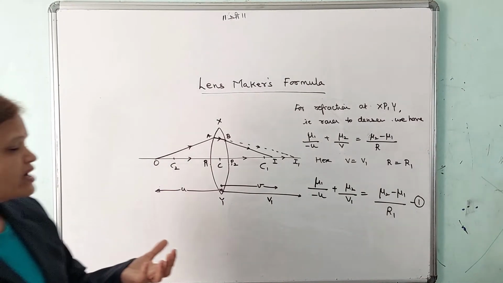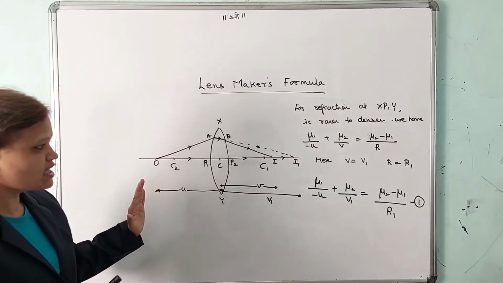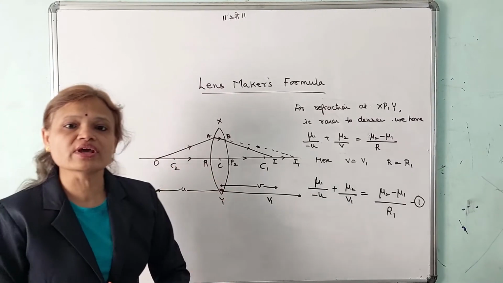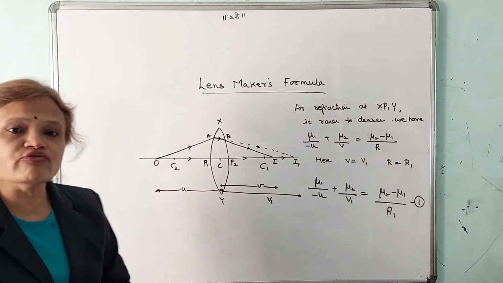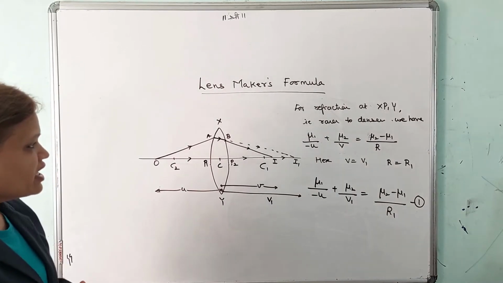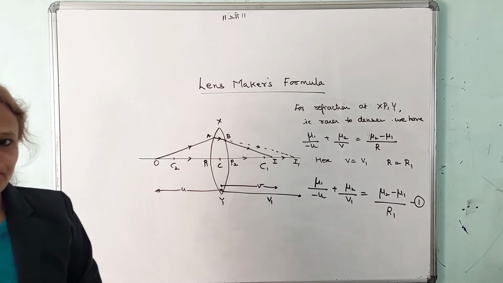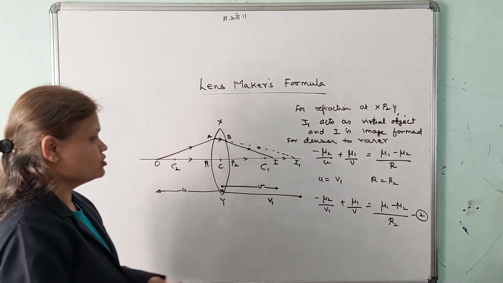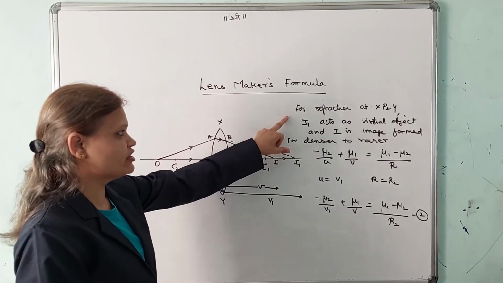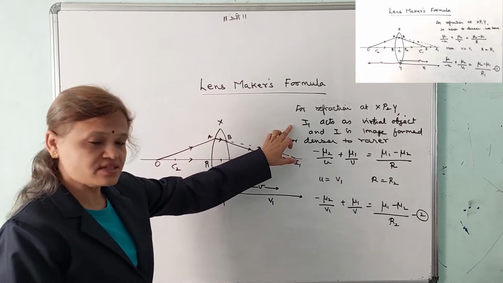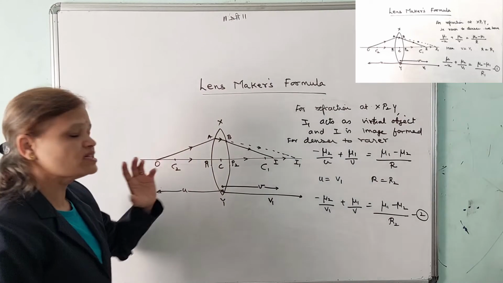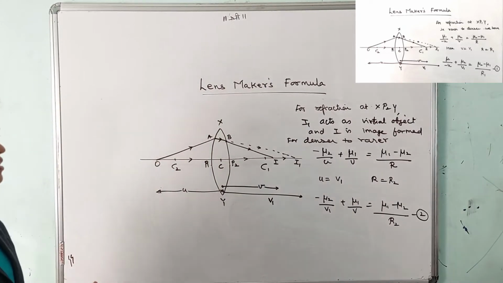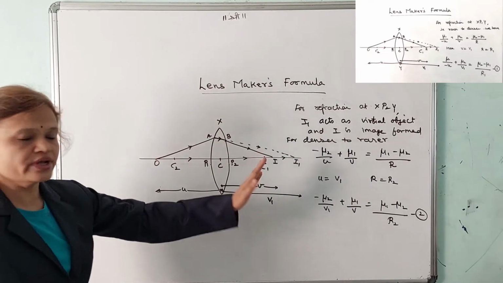This is now refraction from denser to rarer. We apply the formula for denser to rarer at the convex refracting surface XP2Y. For refraction at XP2Y, I1 acts as a virtual object and I is the image formed.